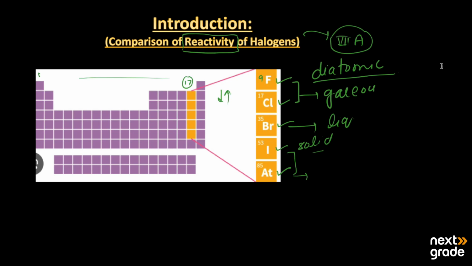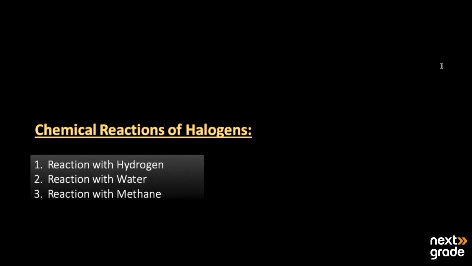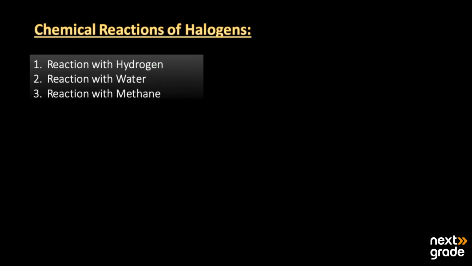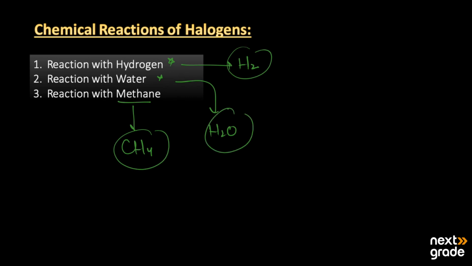Basically, the halogens can react chemically with hydrogen gas, H2, with water, H2O, and with methane, CH4. So the halogens have a lot of reactions.